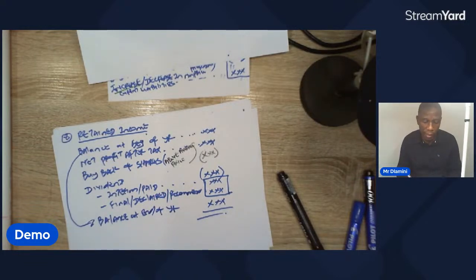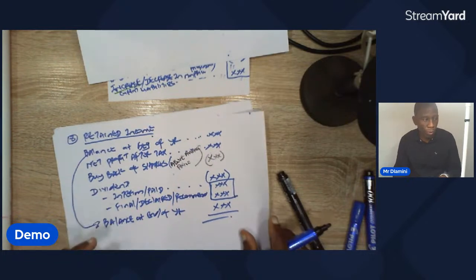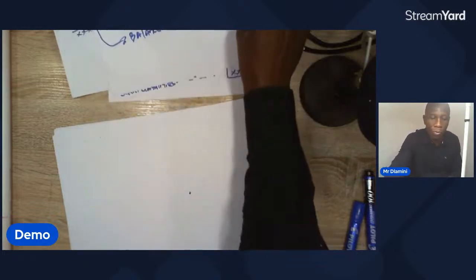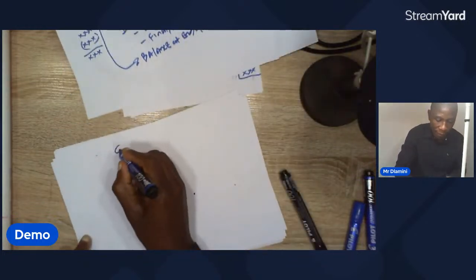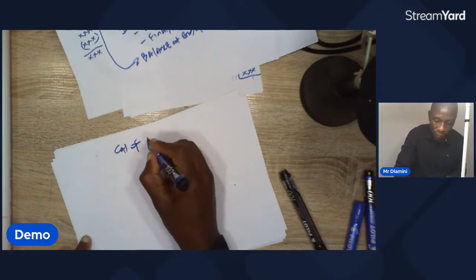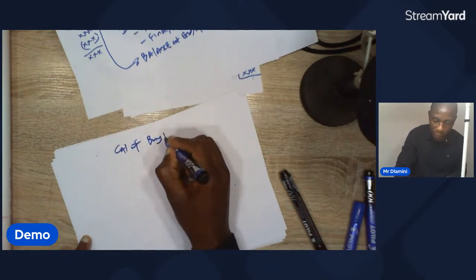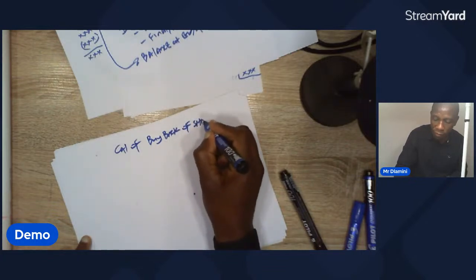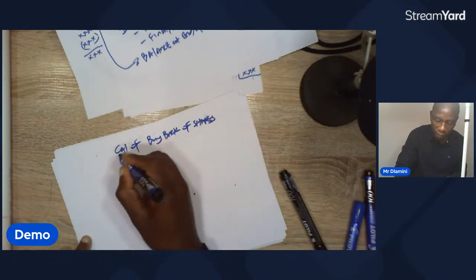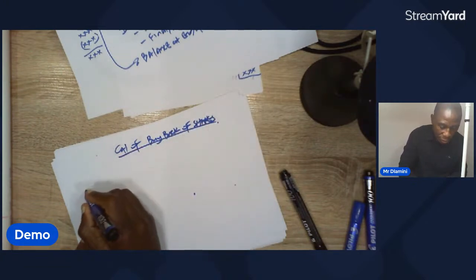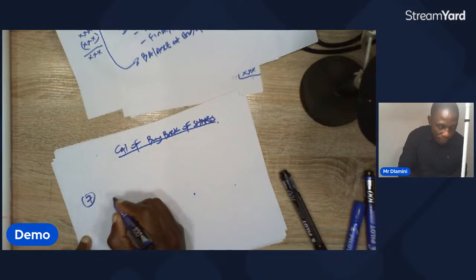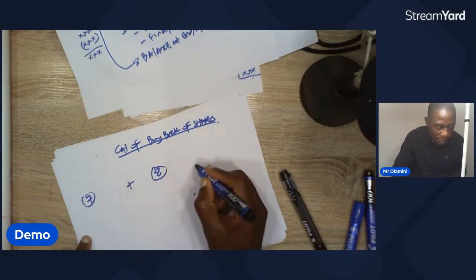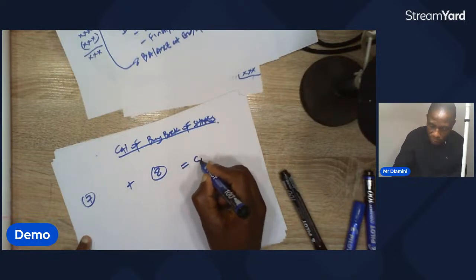That's basically how you deal with note number 7 and 8. And then there is the buyback. Now, let's go to the calculation of the buyback of shares. So we said we have note number 7, ordinary share capital, plus note number 8, retained income, is equal to the cash flow.